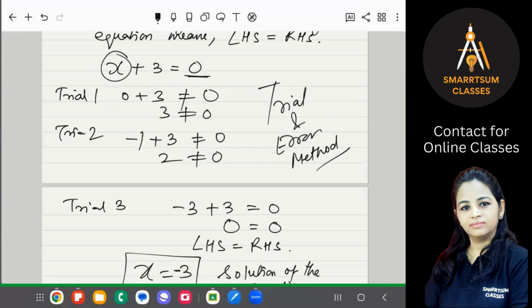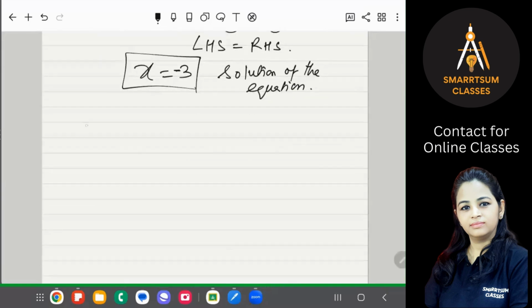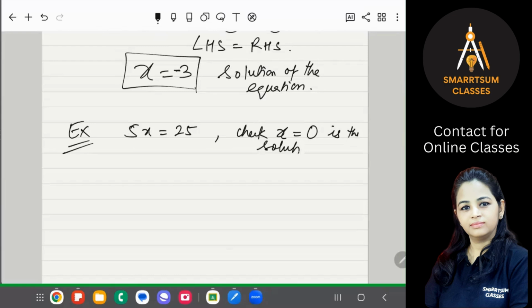Understood? Right? Now suppose any value is given to you and it is asked whether this is the solution of the equation or not. So what do we do? For example, suppose there is an equation 5x is equal to 25. And we have to check whether x is equal to 0 is the solution of the equation.